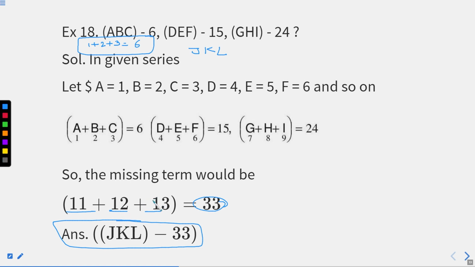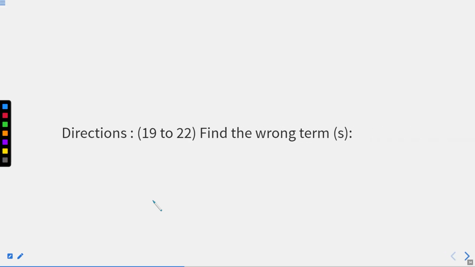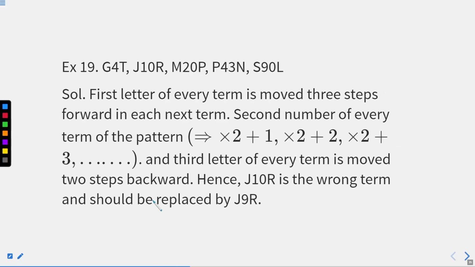So it is all about, in the series, when you are getting alphabets, you make sure to know their place values, which I have already discussed before starting the alphabetical series, right? Now we'll move to the next question. Next kind of questions, I must say, which is going to be a combination of, again, both alphabets and numbers.